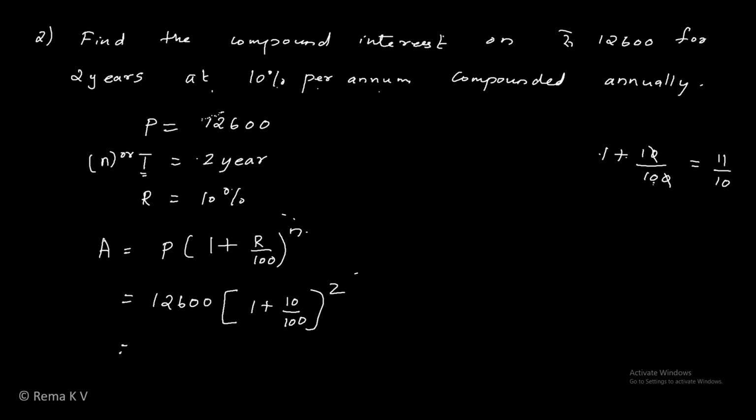So we can write this as 12,600 into 11 by 10 the whole square, 11 by 10 into 11 by 10. These two zeros get cancelled. You know the square of 11 is 121.